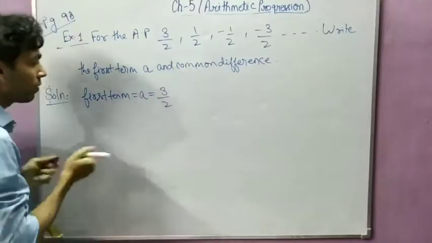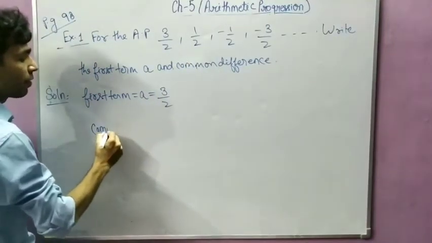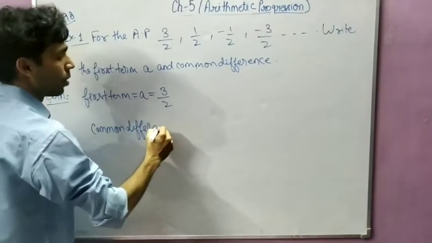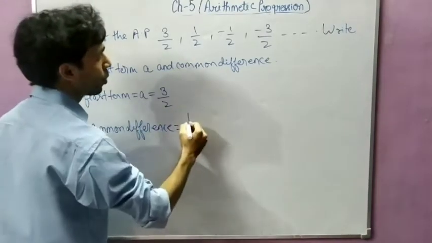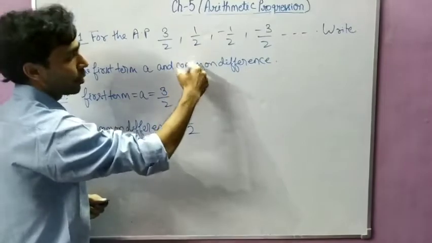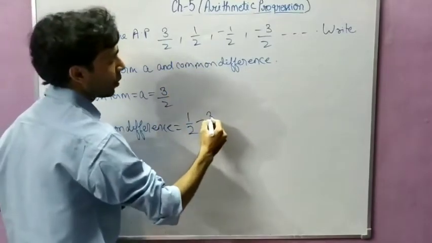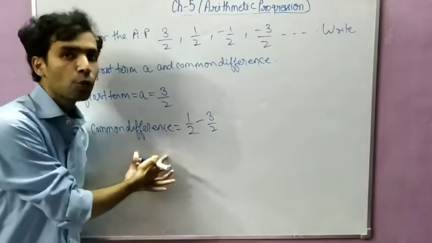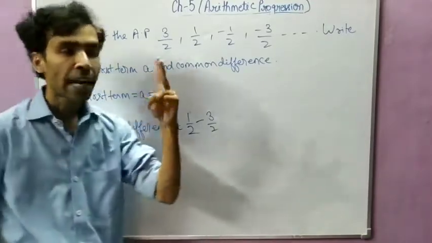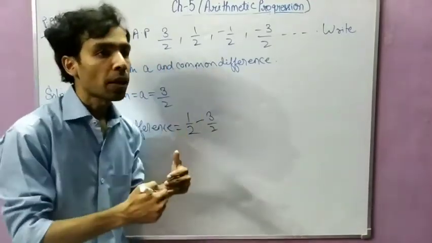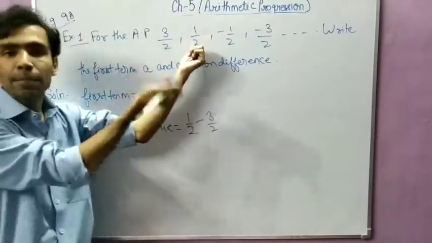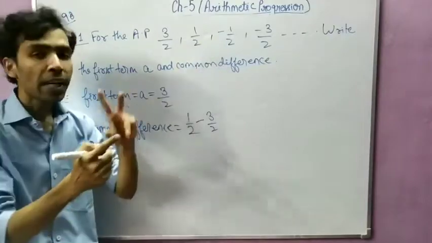So for common difference I can take any two numbers. I am taking 1 by 2, so when I subtract 1 by 2 minus 3 by 2, I get the common difference. That is the way to calculate it. You have to take any two consecutive terms and subtract in the manner that term minus previous term.